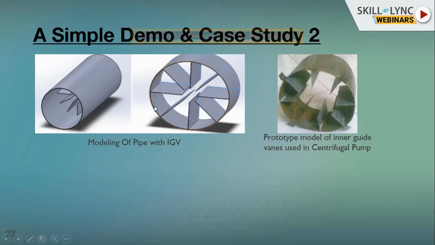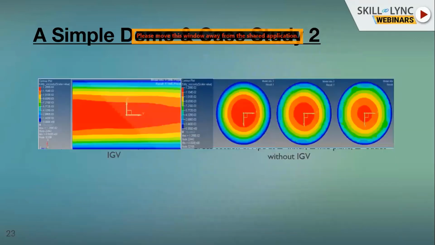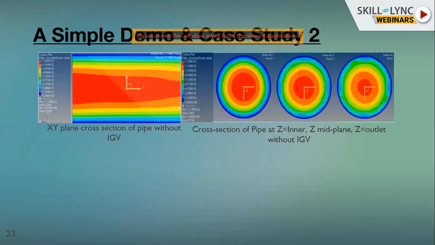After this modeling he imported it into the AcuConsole software of HyperWorks 12, and then analyzed it in this particular software. This is also a CAE software used in industry. After that he came to some conclusions.